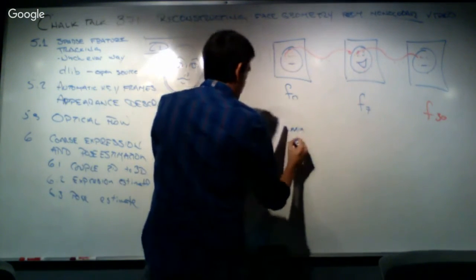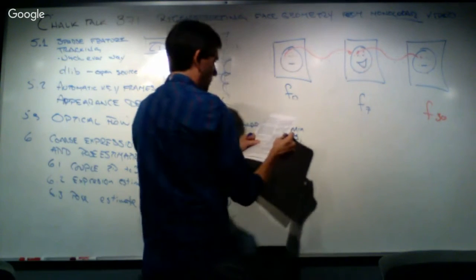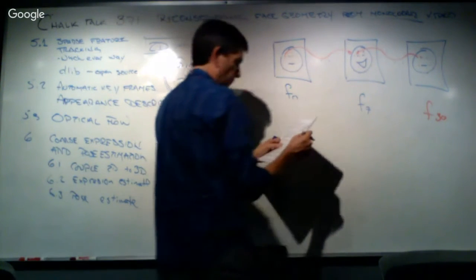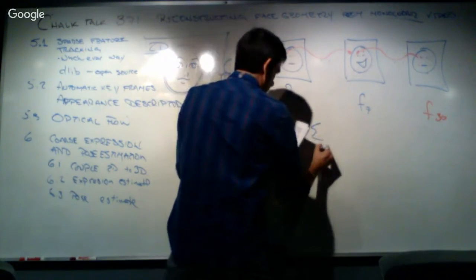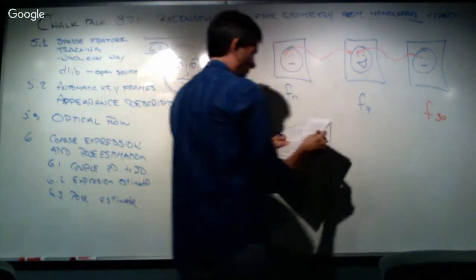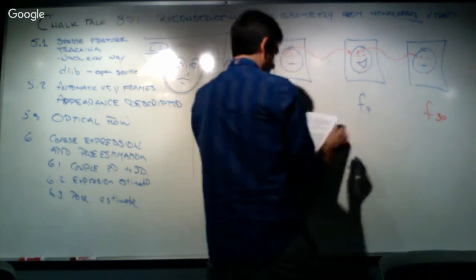Minimize based on the expressions for a given time, right? Sum over i of this monstrous thing.